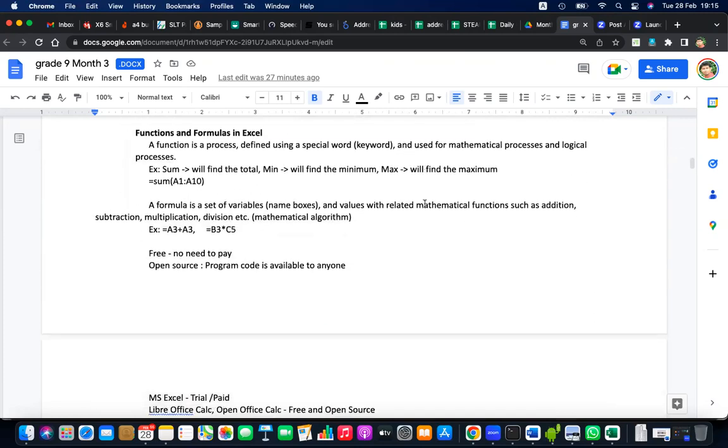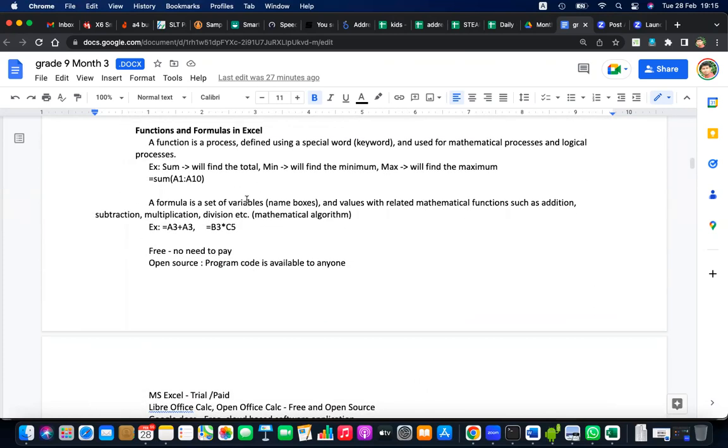Okay, so functions and formulas in Excel. The first thing I need to highlight is functions and formulas in Excel. Functions are special keywords, as we have already learned, but formulas use mathematical symbols like addition, division, subtraction, multiplication.